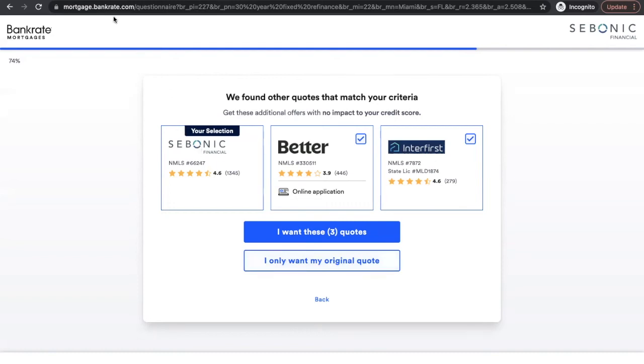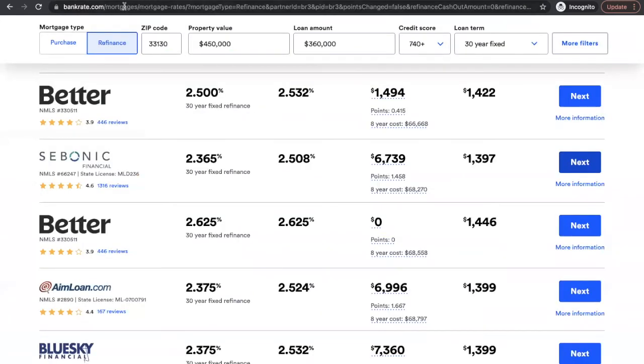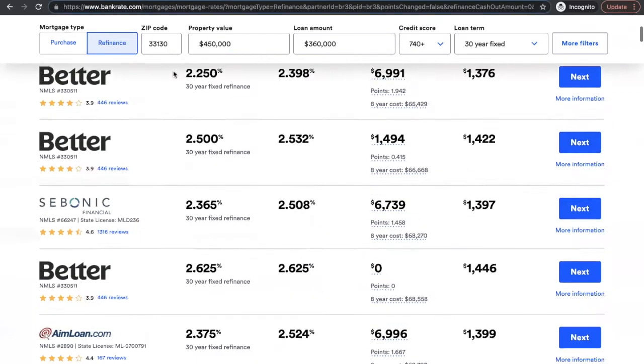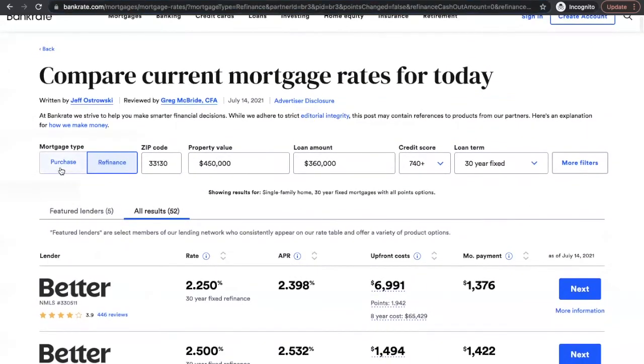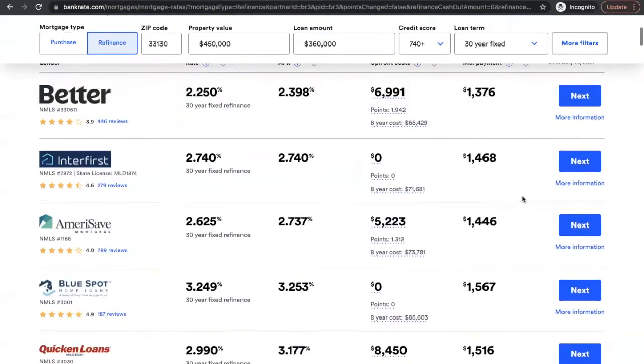So once again, Bankrate is spending a bunch of money on ads. They're buying keywords, they're driving traffic to their website. And then from there, they are going to take you through to the rate comparison table. You can choose purchase, refinance, and they own that lead process.